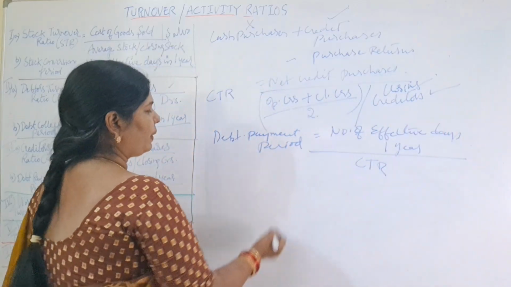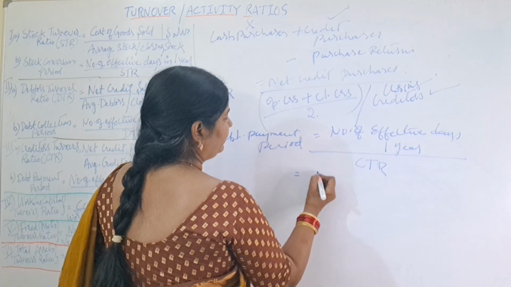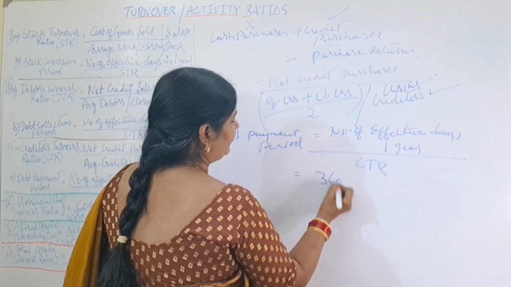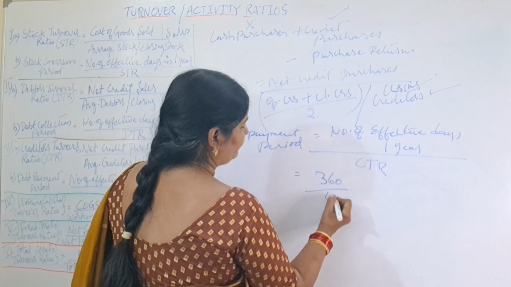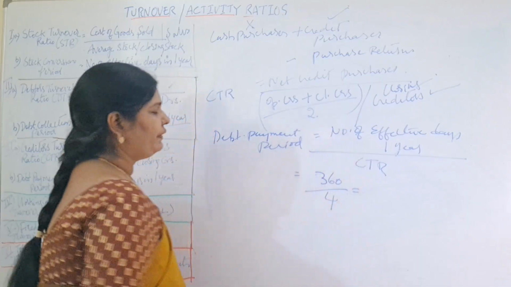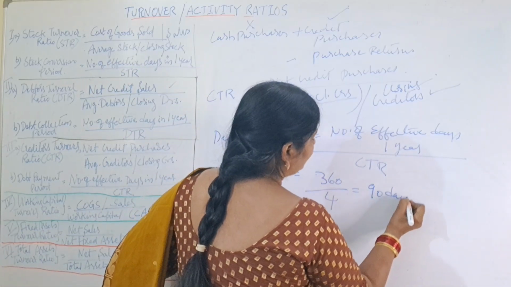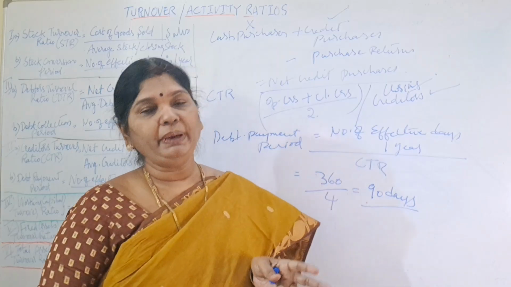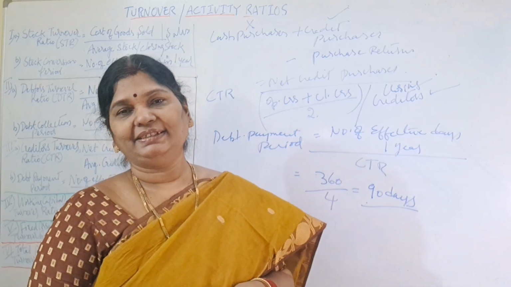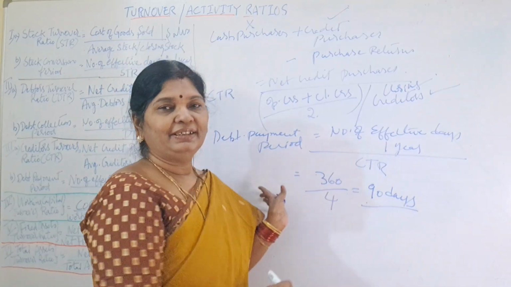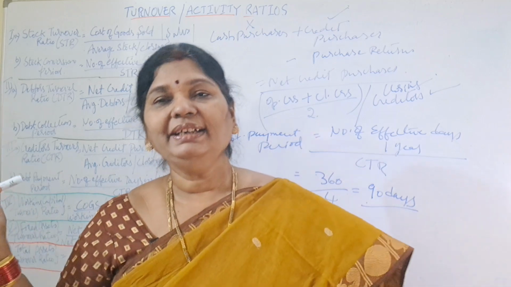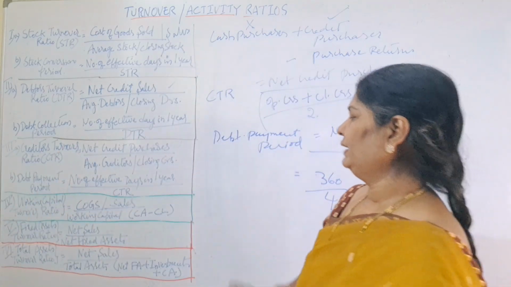So 360 divided by, suppose you got CTR 4. So 360 divided by 4 means how much? 90 days. Means for every 90th day we have to pay our debts. So this is about creditors turnover ratio and debt payment period.